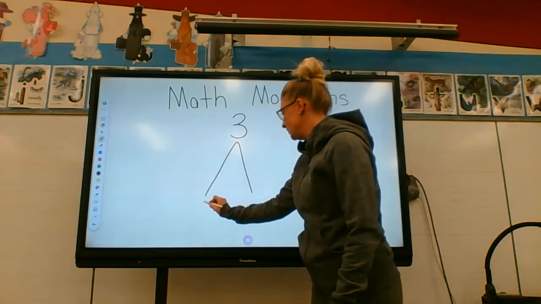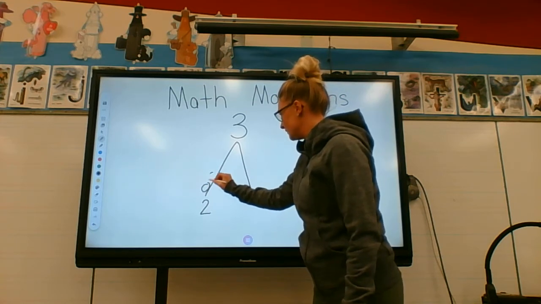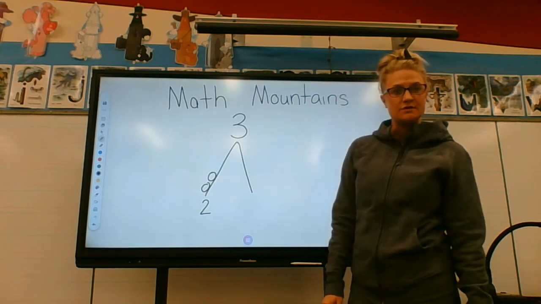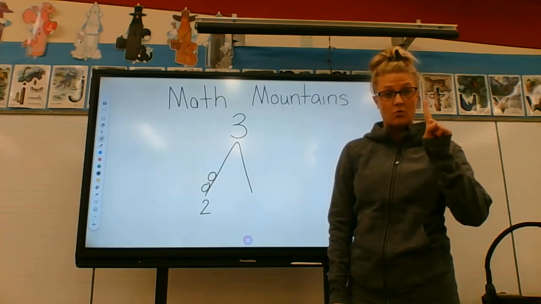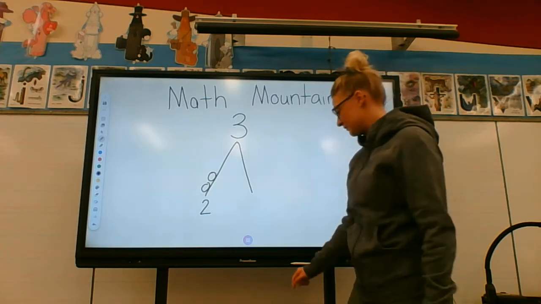There's a 2 on this side, and 2 circles. Now we need to figure out what plus 2 equals 3. If we hold up 2 fingers, 1, 2, and add 1 more, 3. So 2 plus 1 equals 3.